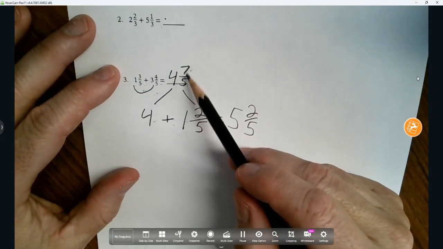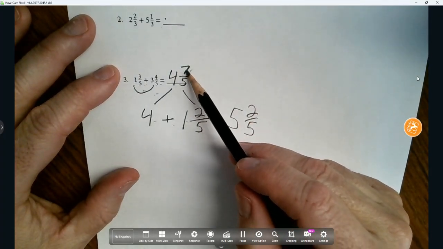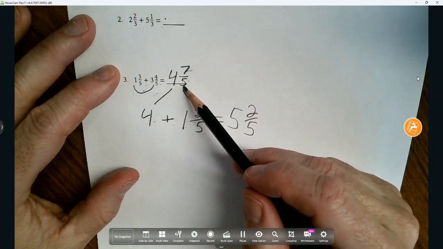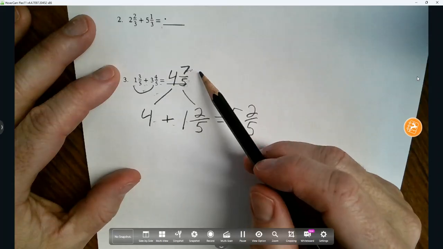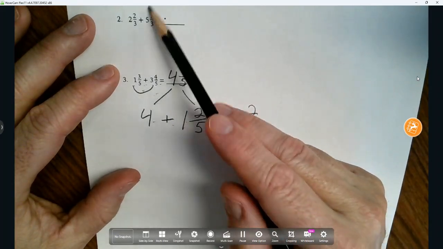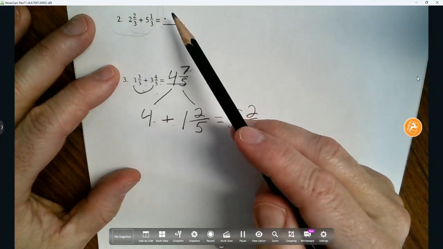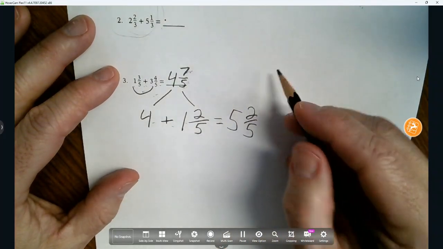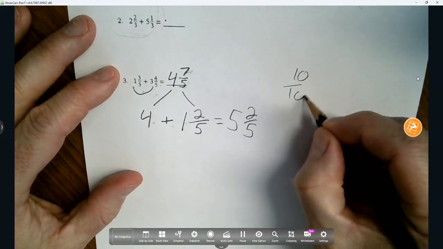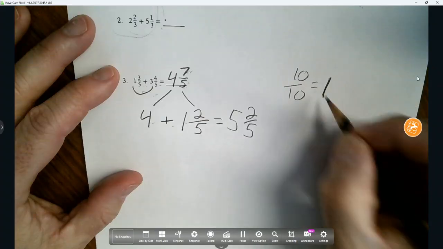Remember, if the top's heavy, if the top's bigger, we have to divide it. Figure out how many times the denominator can go into the numerator. On another problem, like this one up here, you might want to look, because remember, if we ever have a number that is just, say, 10 over 10, this equals 1.